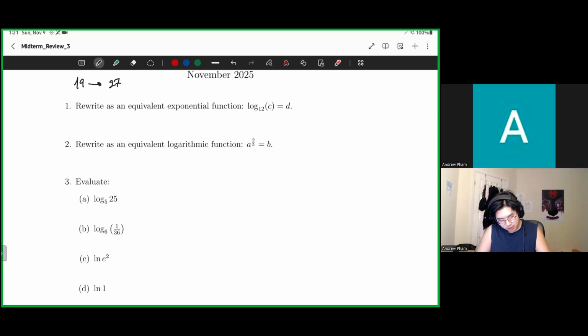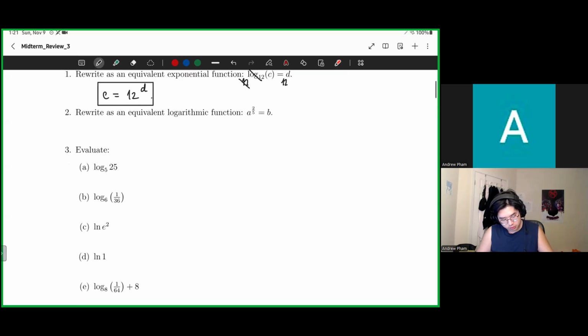So you can invert the log base 12 by raising both sides to the base of 12, so that the log base 12 and the 12 cancel, and you're left with c is equal to 12 to the d. And this is your answer right here. That's just switching from log to exponential form.